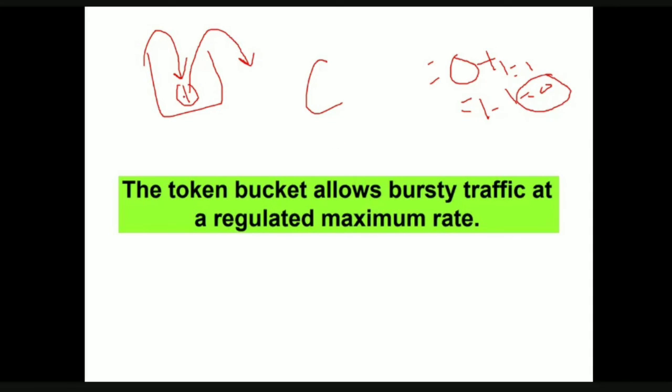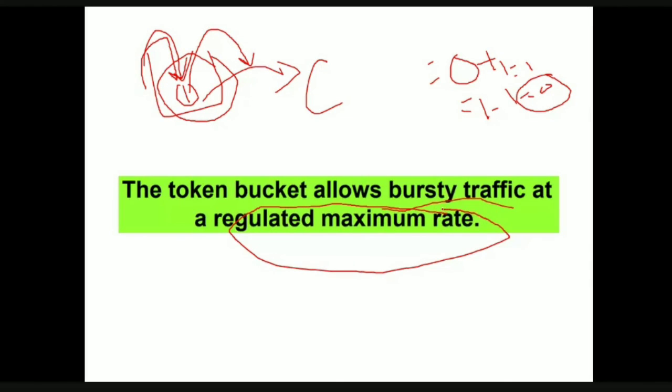So like that, as long as we have tokens in the system, the system can send the information. Only while the bucket has tokens can the system send the information. The system cannot send the information if the bucket does not have any tokens. So the token bucket allows bursty traffic at a regulated maximum rate.